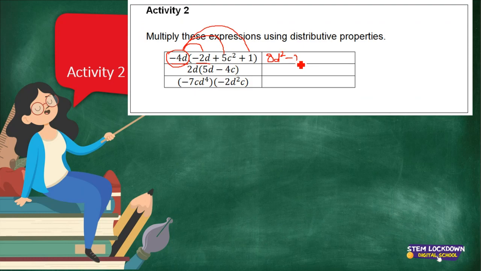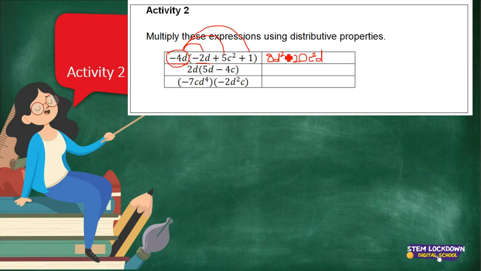So it's 20. Here notice you have a d, you have a c. Since these are different, we basically multiply them like this. You can't combine them because the bases are not the same. In the middle there's a multiplication sign, so just leave it like this.